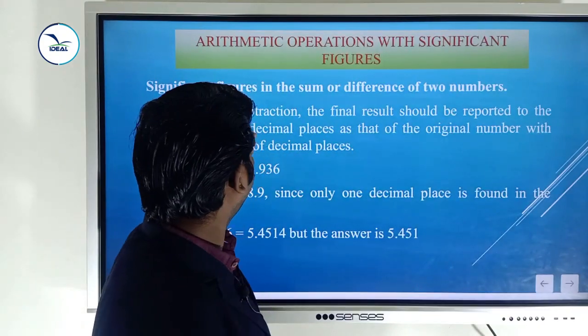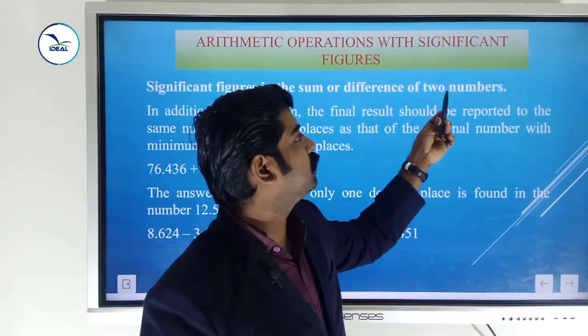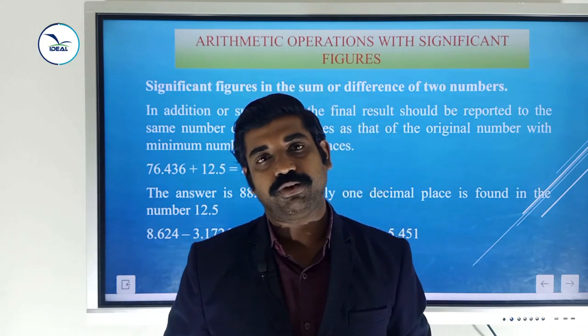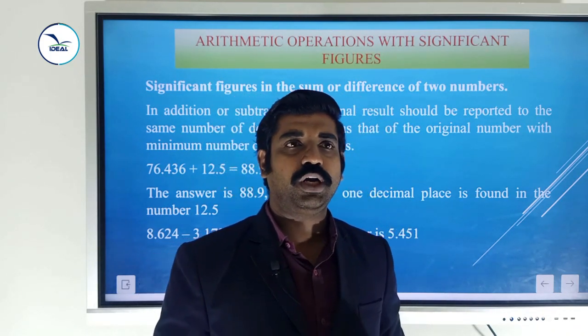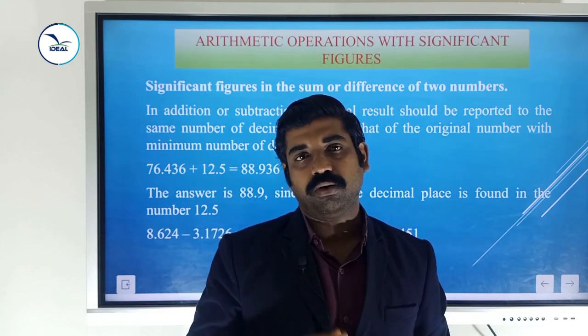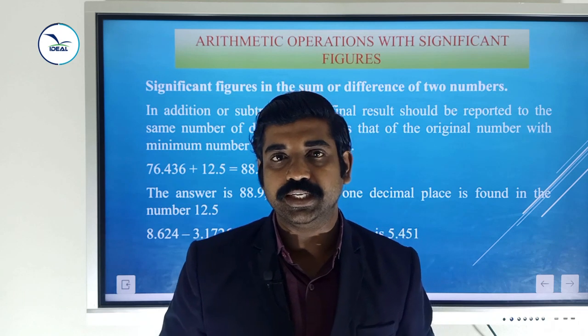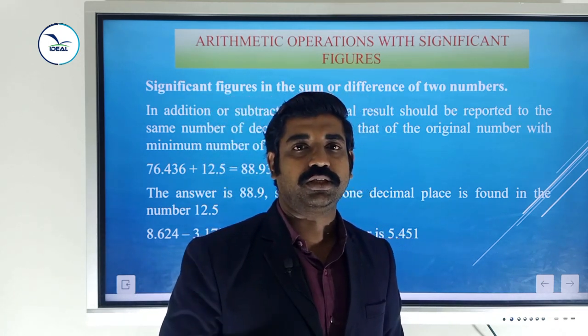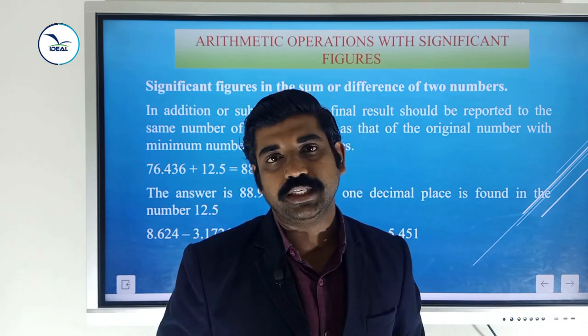The first one: significant figures in the sum or difference of two numbers. In the case of the sum or difference of two numbers, we want to consider the number of digits after the decimal point. So the result also consists of that least number of decimal places.